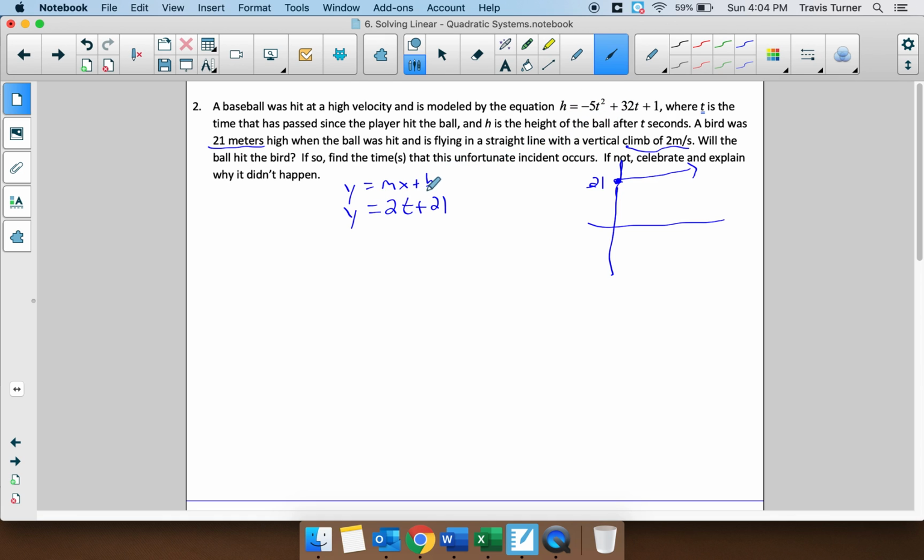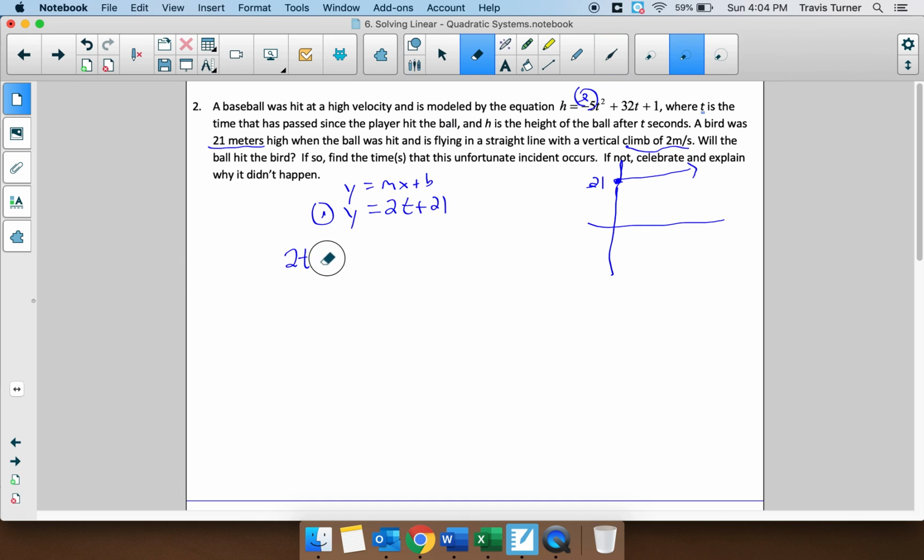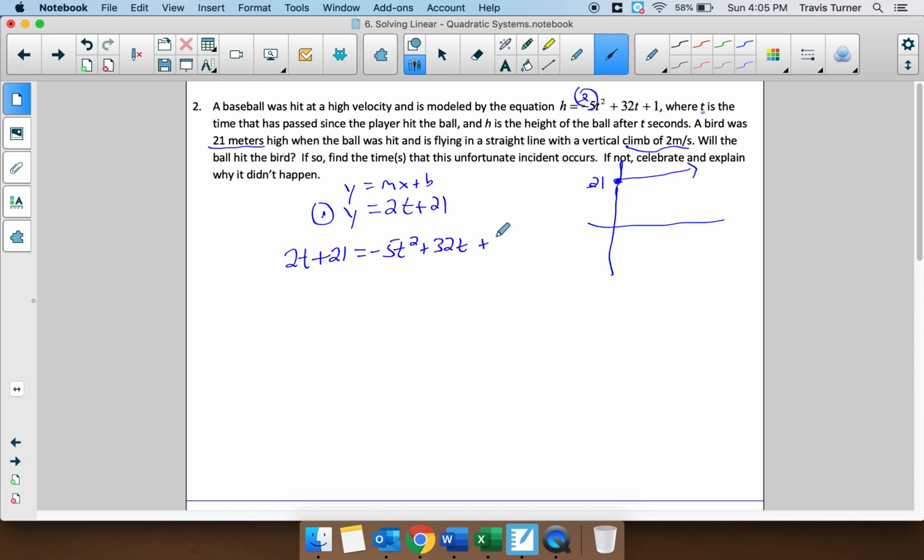What we want to do is figure out, does the ball hit the bird? And so we're going to do the same as we did before. I'll call this equation 1 and this equation 2. If I make them equal to each other, 2t plus 21 is equal to negative 5t squared plus 32t plus 1, and move everything to one side.